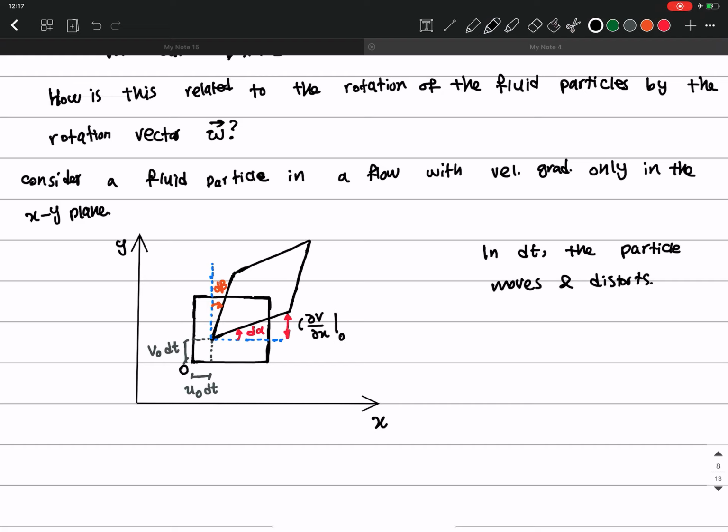This is the additional part, because this part we know is v naught times dt, and then this is the additional part. If you write the Taylor expansion, then this times dt is how much we are going to move on the right.